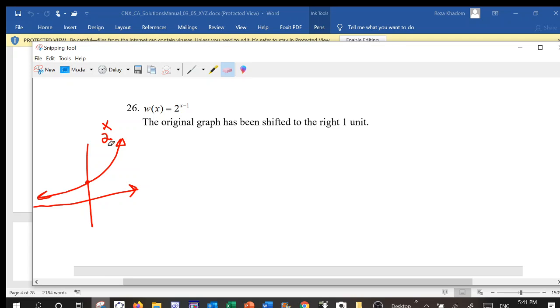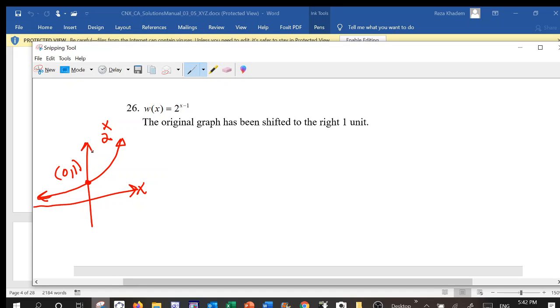So this graph, compared to this graph, has moved to the right 1 unit. So we're going to get a point on this graph, let's say (0, 1), which we are given. And also it looks like this has a horizontal asymptote. That means this graph is approaching this line, which is the x-axis, right?